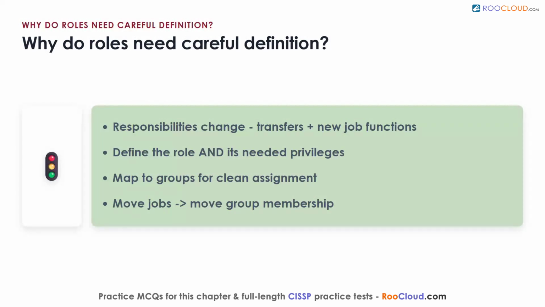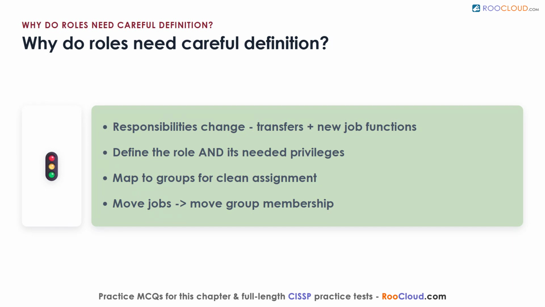Why do roles need careful definition and transition? Because responsibilities change constantly. Sometimes a simple transfer and sometimes a brand new job function. When a new role appears, you define both the role and the privileges anyone in it should have, then decide how to assign them, usually through groups. Say a company launches an online store on a new server, needing developers and system administrators it did not have before.